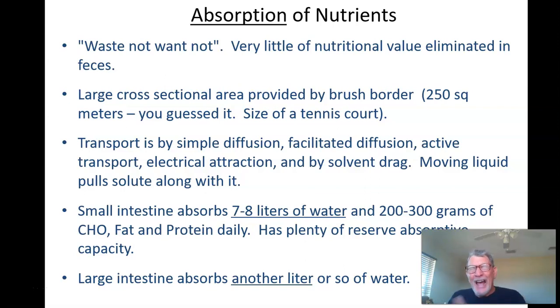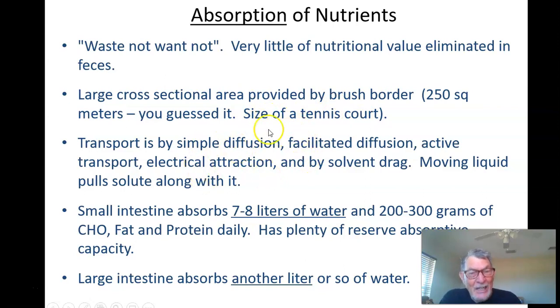So now they've actually made it across the border into the cell, but they're not in the blood yet. So we've got to get all of this actually into the bloodstream. You've got this large cross-sectional area. You're absorbing all of this stuff. It's gotten into the enterocytes now.